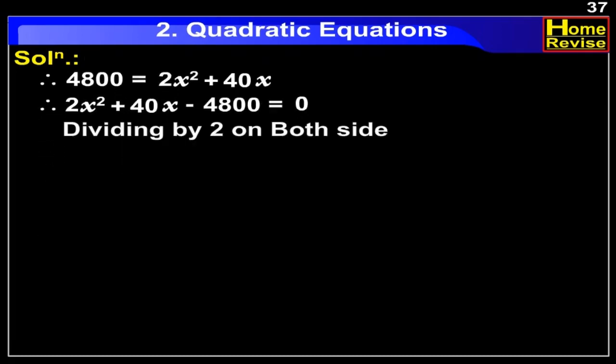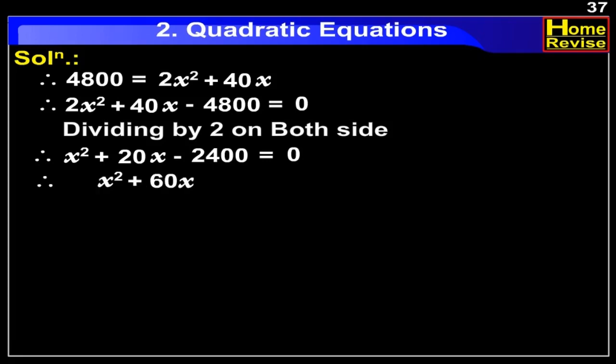Now, dividing by 2 on both sides, we get x square plus 20x minus 2400 is equal to 0. By splitting the middle term, we have x square plus 60x minus 40x minus 2400 is equal to 0.